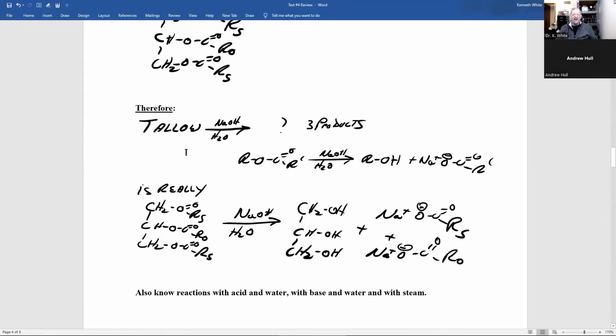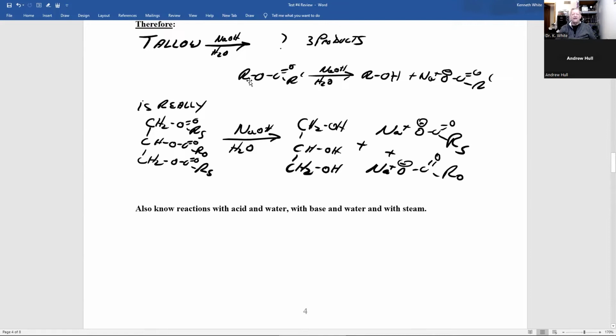And therefore, if I ask if you take tallow, react with sodium hydroxide and water, what are the three different products you get? And remember, what's the functional group in tallow, white grease, yellow grease? An ester. And here you have sodium hydroxide and water, and just like we did earlier, you get back the alcohol plus the carboxylate anion of the carboxylic acid you would get from this ester.